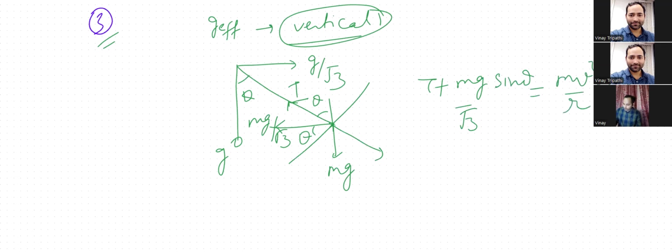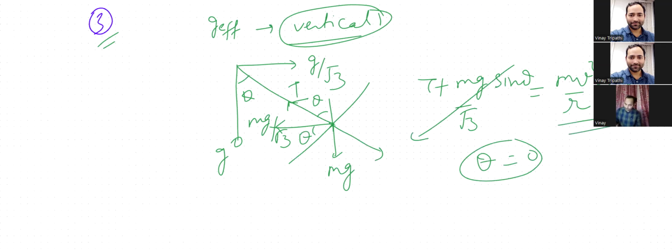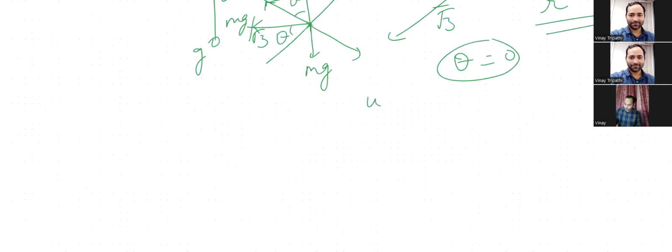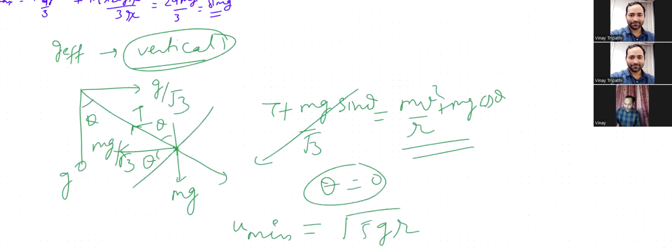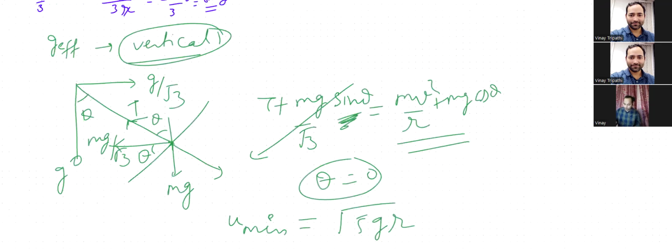When theta is 0, the contribution of this pseudo force is going to be 0, right? And remaining everything is the same. Okay. So here you will find that u minimum is root 5gr, and T maximum is again 5 mg. Okay. You can see when theta is 180, again this is not going to change. So the contribution of the horizontal component is not going to matter.